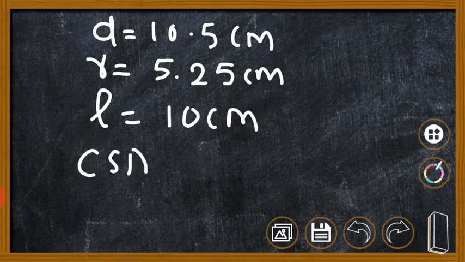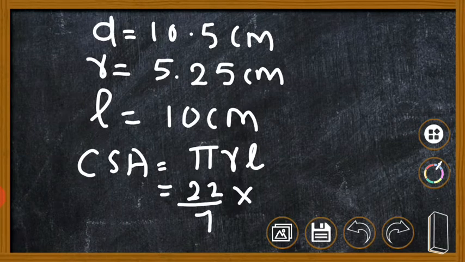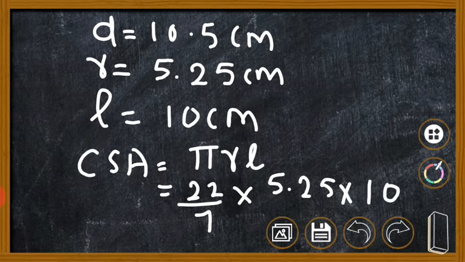So first you write the formula. What is the formula? CSA is equal to pi RL. Okay, after that you substitute the values. Pi value 22 by 7 into radius 5.25 into L 10. Next we can cancel 5.25 and 7.